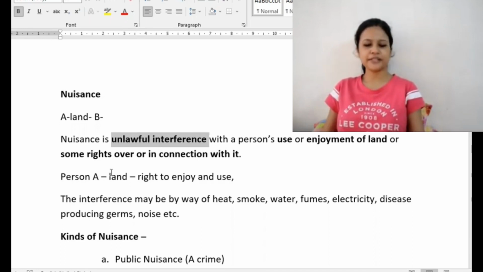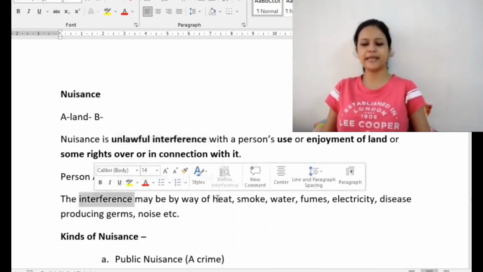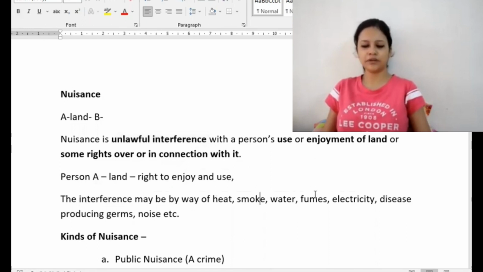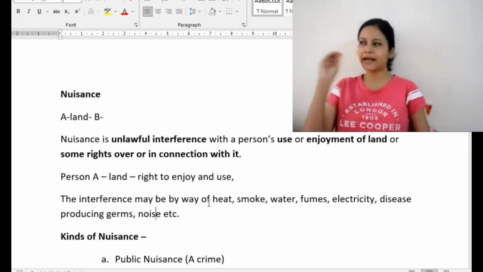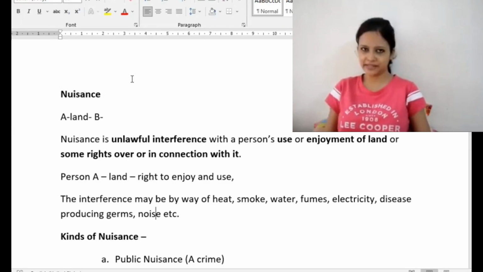So if a person has a plot of land, he has the right to enjoy and use that to the exclusion of others. If that right is being violated, maybe through interference by heat, smoke, water, fumes, electricity, disease-producing germs, noise, whatever, some kind of disturbance, that will be considered nuisance. These are common things, right?